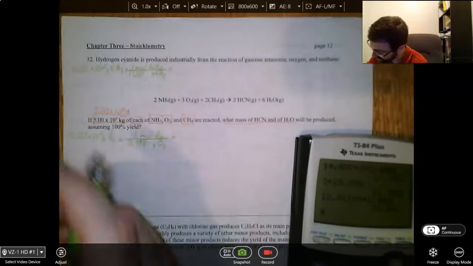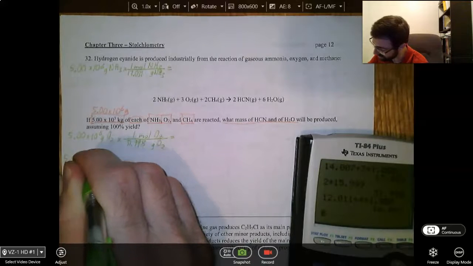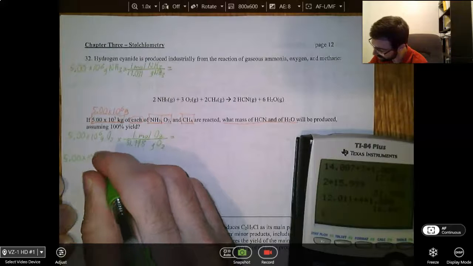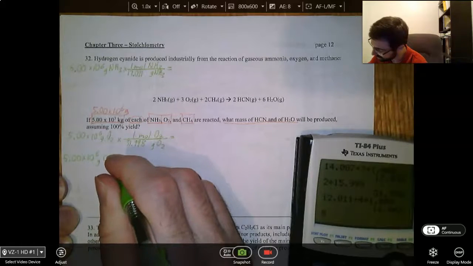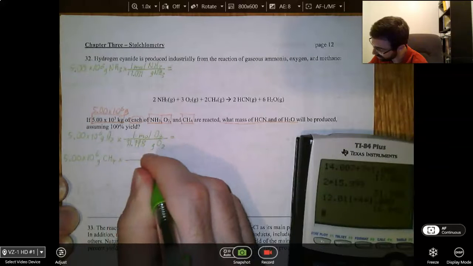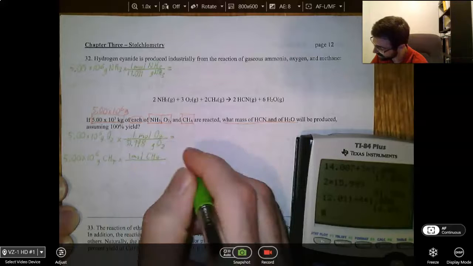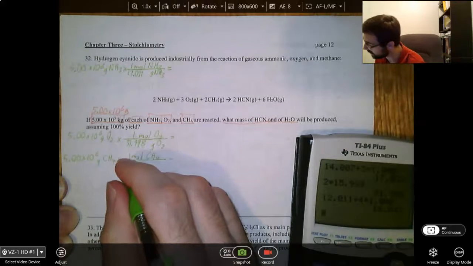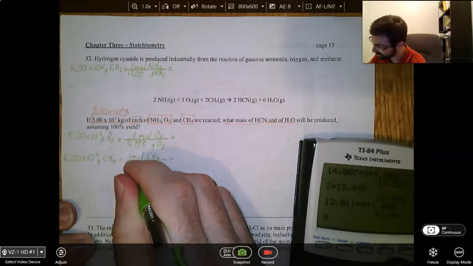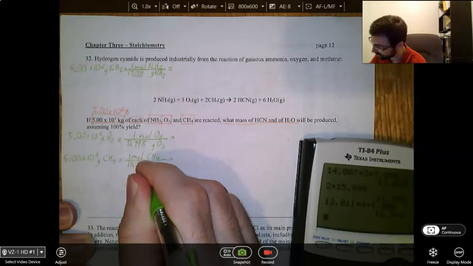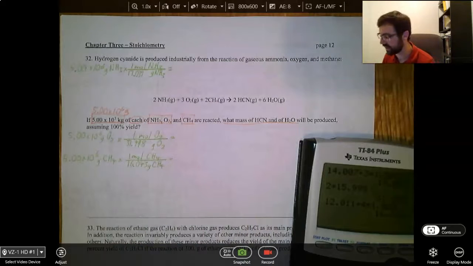So we're going to start again with 5.00 times 10 to the 6th grams of CH4. One mole CH4. And then I get over 16.043. And your numbers might be slightly different depending on which periodic table you use. It's fine if they're close. Okay.